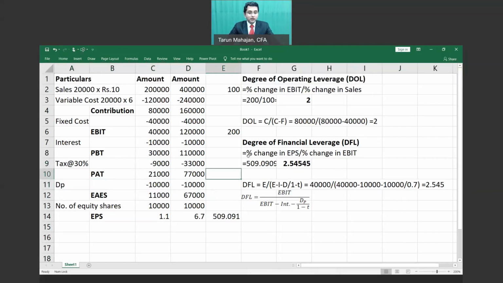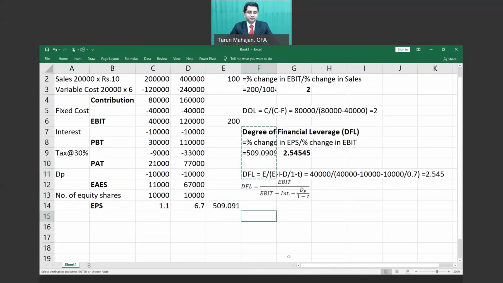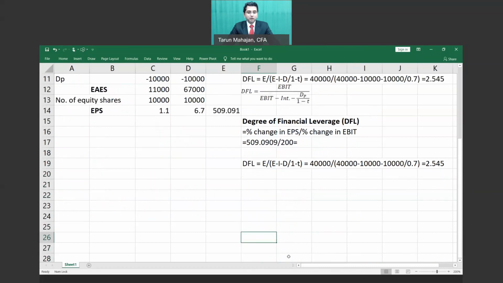Now, if I want to calculate degree of total leverage, which is a relationship between sales and EPS, how does it look? I'll tell you. Look, degree of total leverage. Can you tell me the formula?